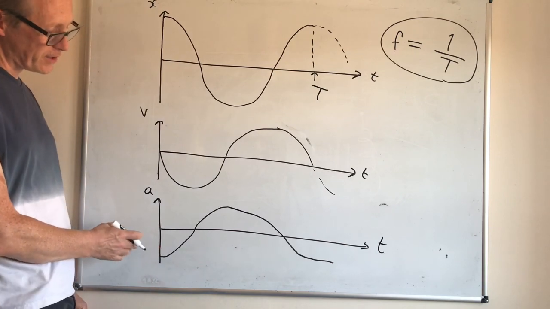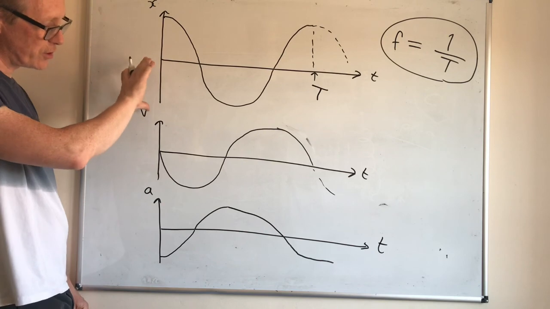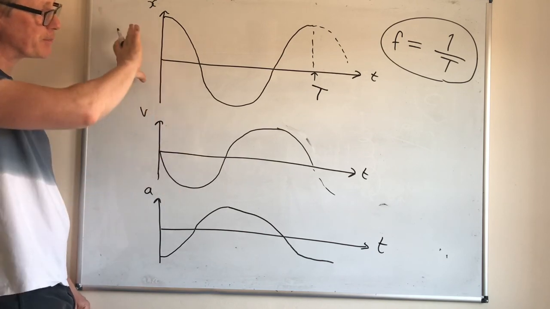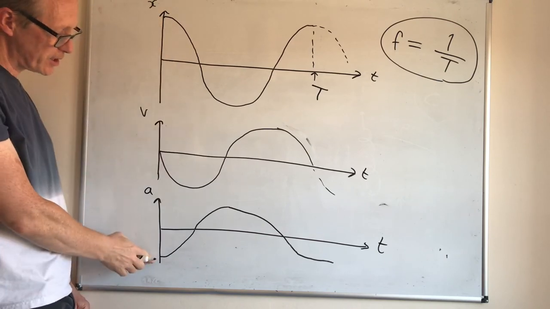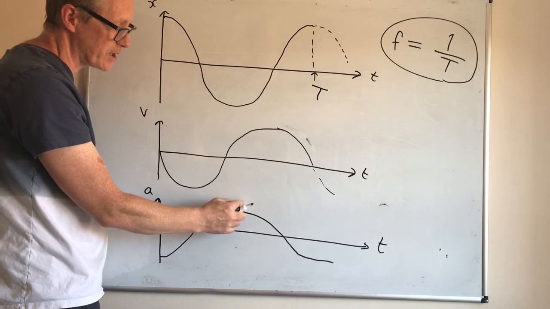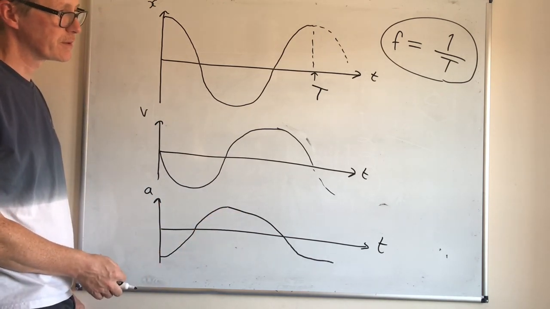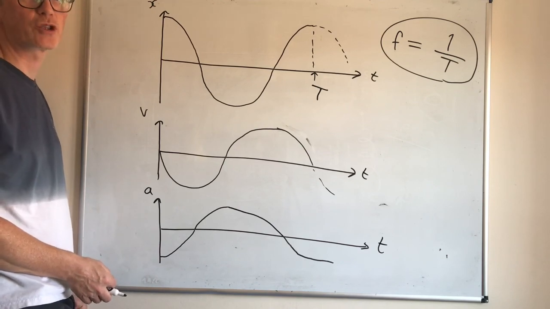Well, apart from the fact that this graph is a slightly squashed version of that, if you notice, it's been flipped upside down. When your displacement is positive, the acceleration is negative. And when the displacement is negative, the acceleration is positive. And this gives us the defining nature of simple harmonic motion.